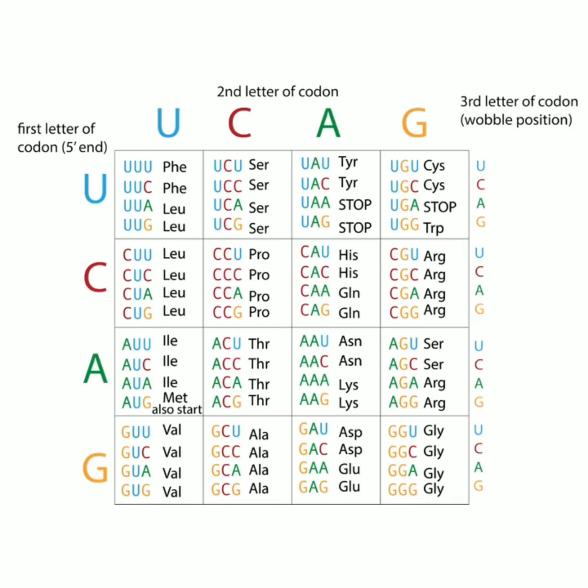So basically, each codon specifies a single amino acid, but some amino acids have multiple codons that specify them. For example, if you look at the upper left corner, you'll see that phenylalanine, PHE, has multiple codons that spell it.